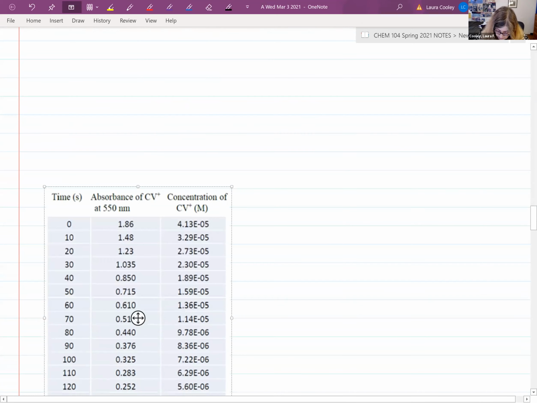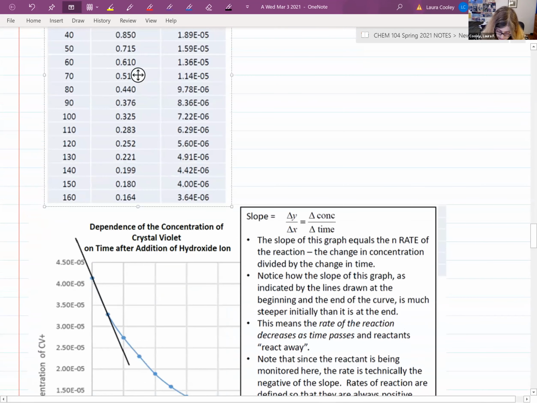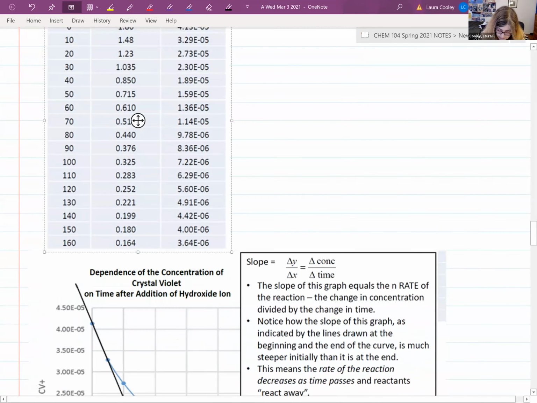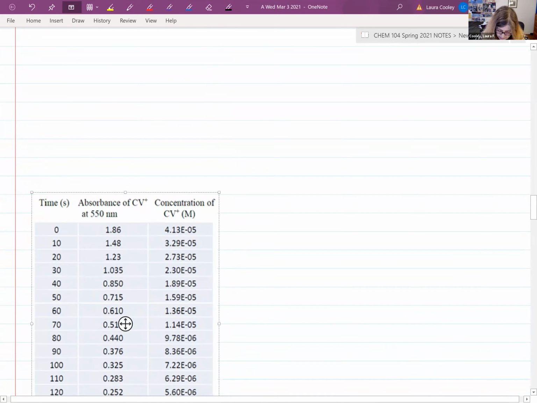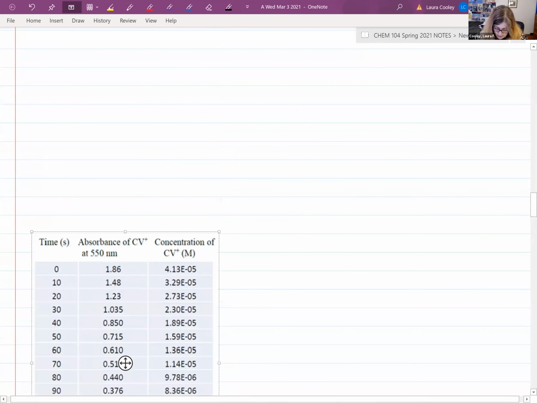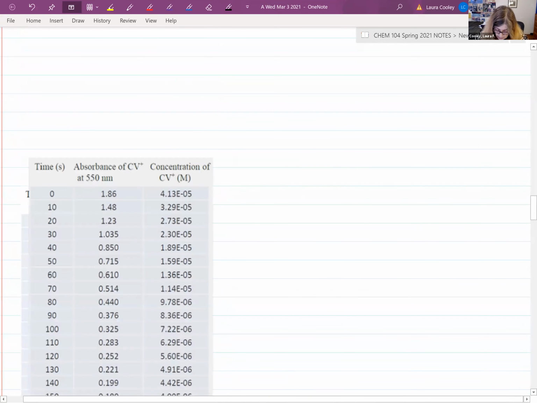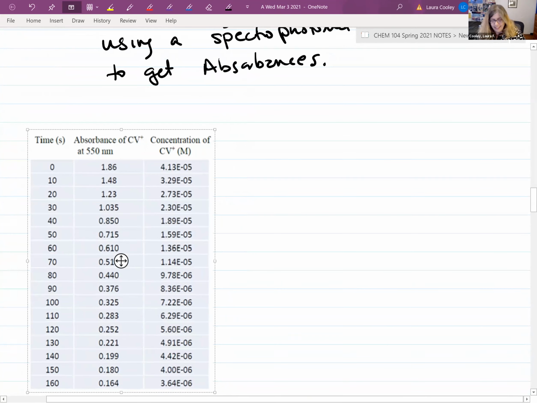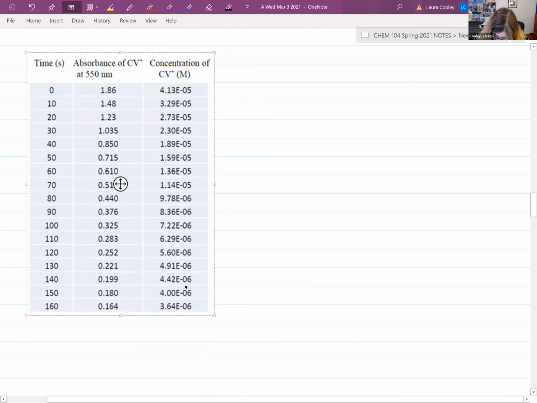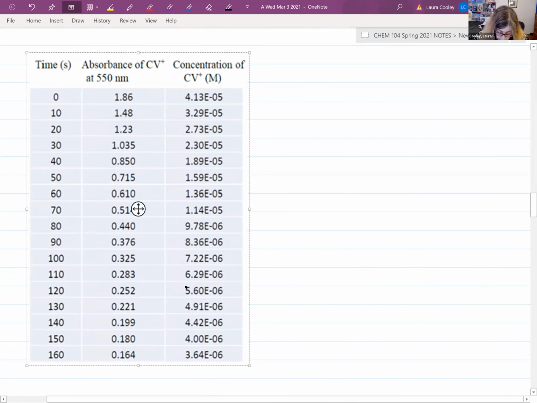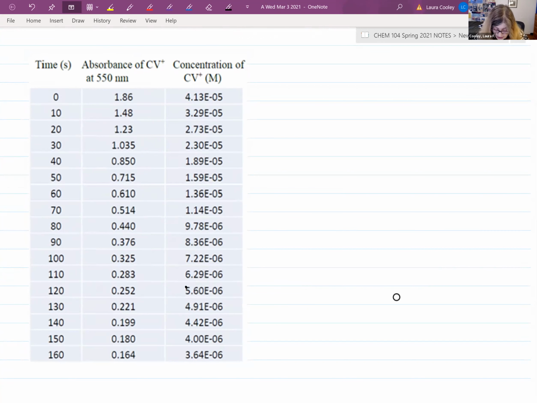So here is a set of data for crystal violet as a function of time. Anyway, what you can see here, if I blow it up a little bit, is that the students and I took data every 10 seconds.